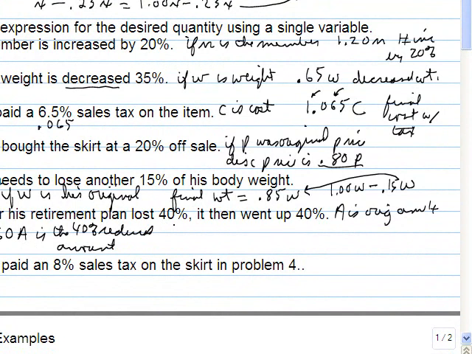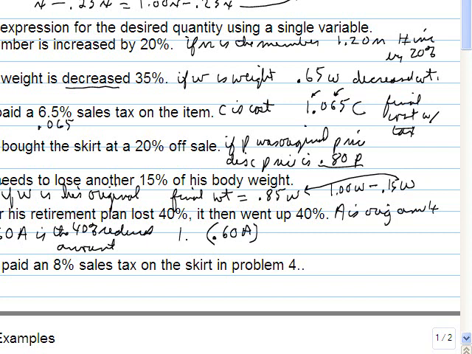You'd think if you went down 40% and then you went up 40% that you'd be even again, but actually that's not true, because the original amount is not what's going up 40%. It's this reduced amount. So let's see what happens. If I start with an amount of 0.60A and I go up 40%, that's a 40% increase.